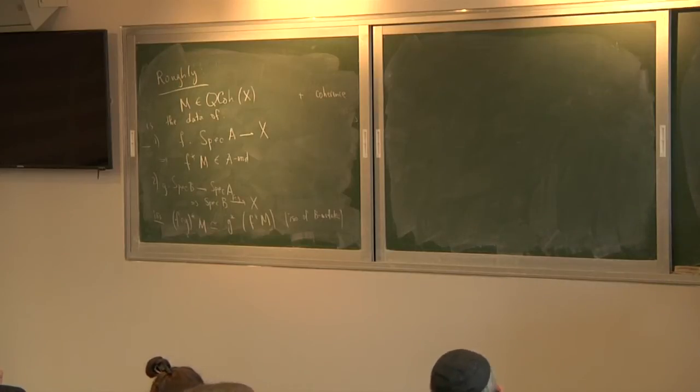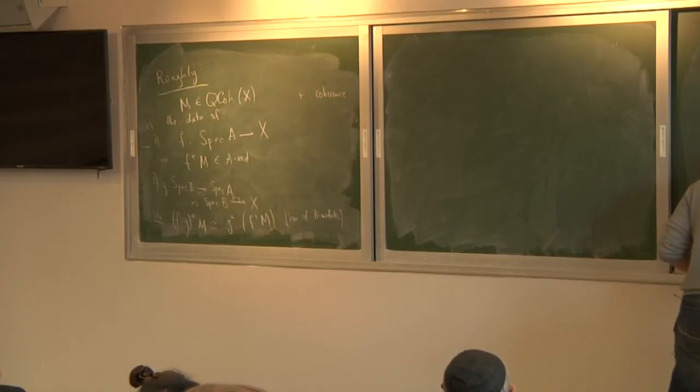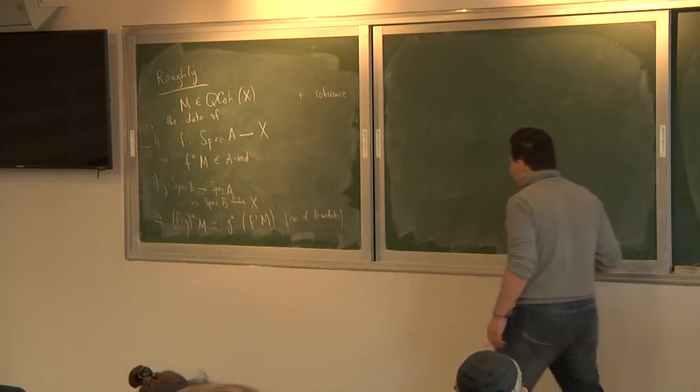I don't want to get into this, but for completely formal reasons, because we can take the final object in this category to be the identity map. This is some standard yoga in category theory.